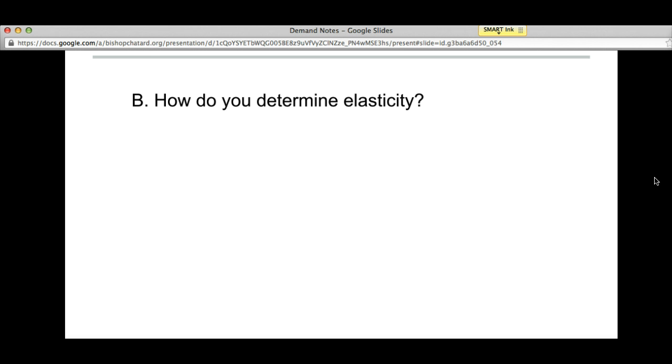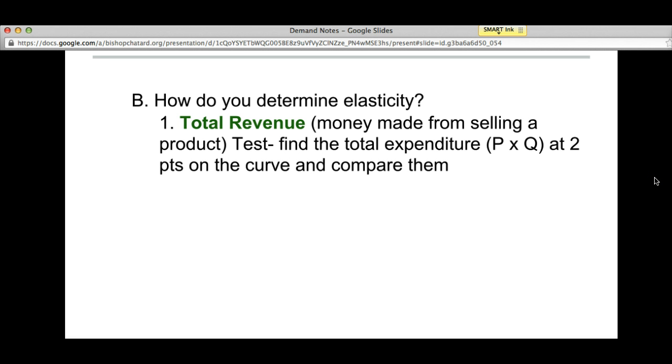The first way to determine elasticity is through what we call the total revenue test. First of all, you need to know what total revenue is. Notice total revenue is in bold and green. It's a term, so it could appear on the matching section of your quiz. Total revenue, I put in parentheses, is money made from selling a product.